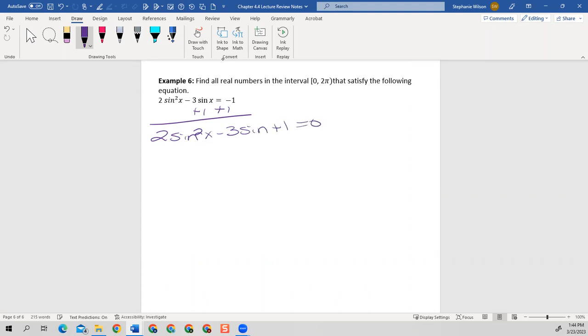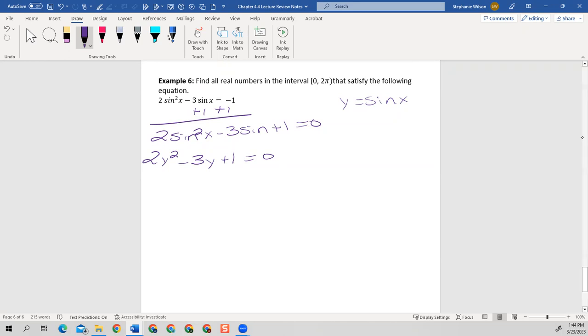Now what I would do is substitute y again for sine of x. So now I have 2y squared minus 3y plus 1 is equal to 0. Now, the product of 2 times 1 that adds to give me -3.